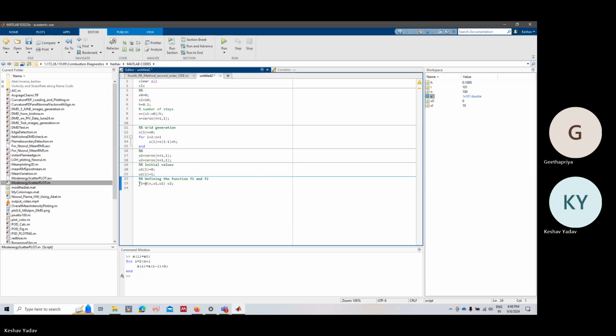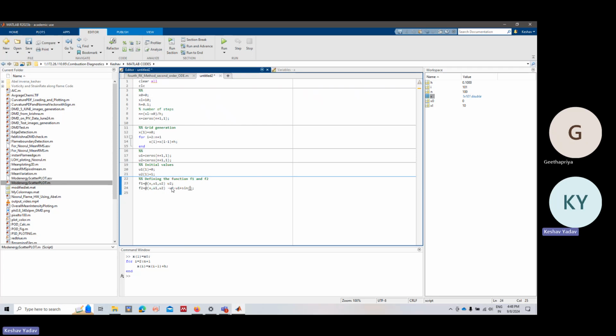Similarly, I need to define F2. F2 is minus u2 minus u1 plus sine of x.